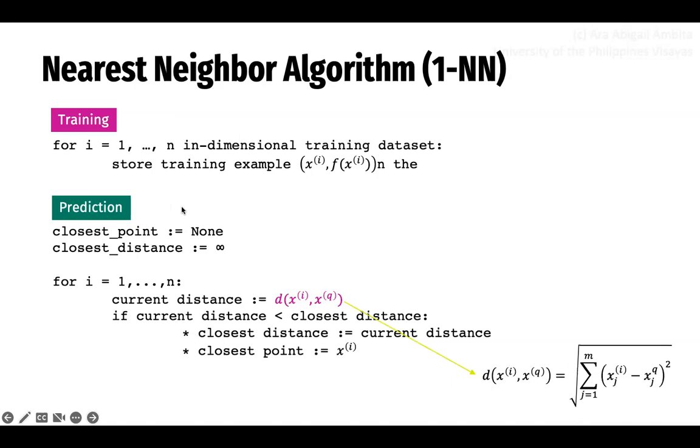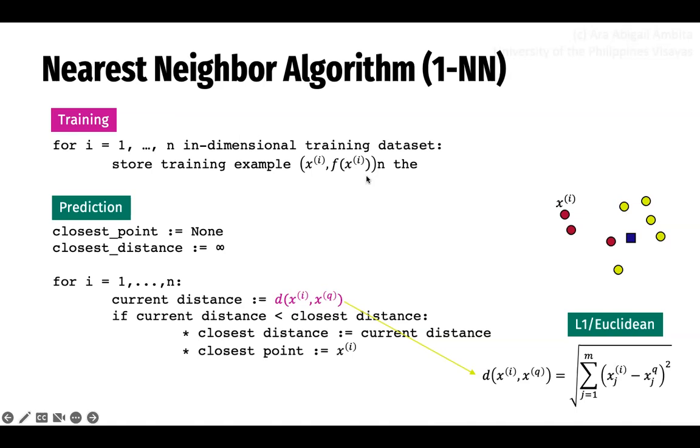The distance may be computed using an L1 or Euclidean distance, wherein we simply compute the square root of the squared differences between the features. Assuming we have these points, for the training we simply store each sample point x with the corresponding labels. Then suppose we have a query point or new point.